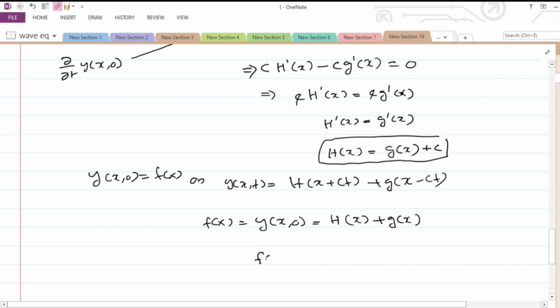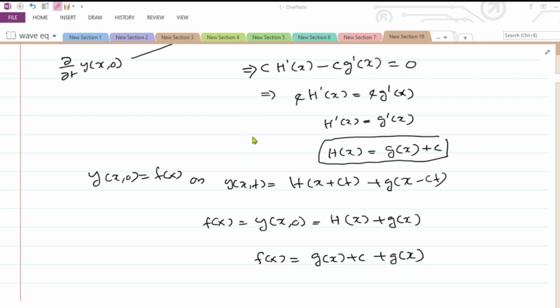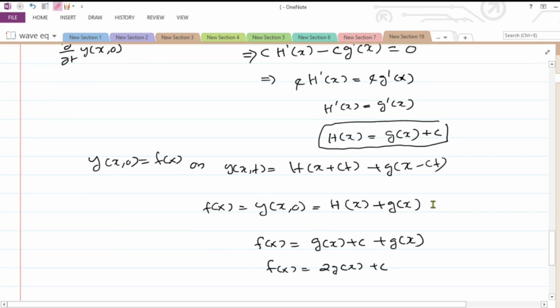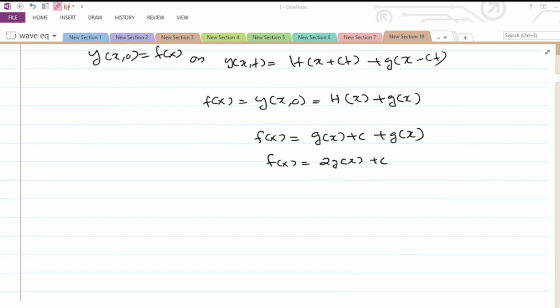So f(x) is equal to g(x) plus c plus g(x). We can take this to one side, so what we get is 2g(x) plus c is equal to f(x), and 2g(x) is equal to f(x) minus c.